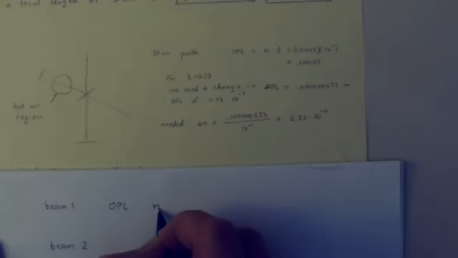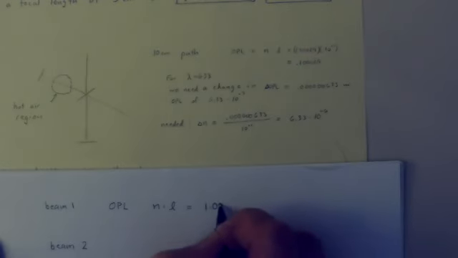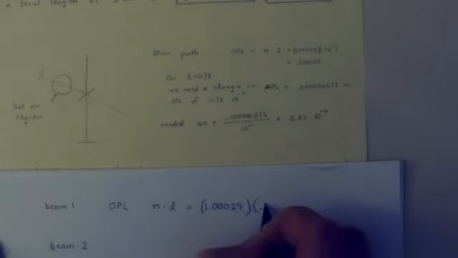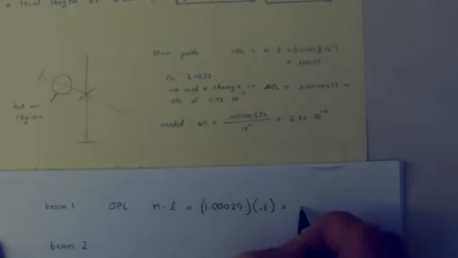This would just be n times L, or 1.00029 times 0.1, and that's 0.1000029.